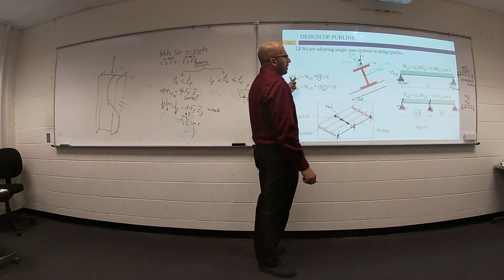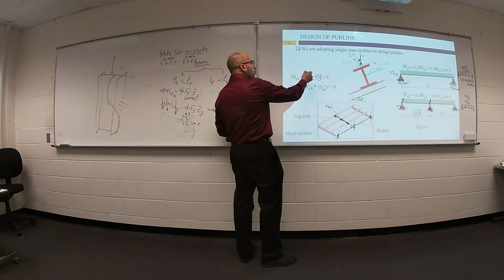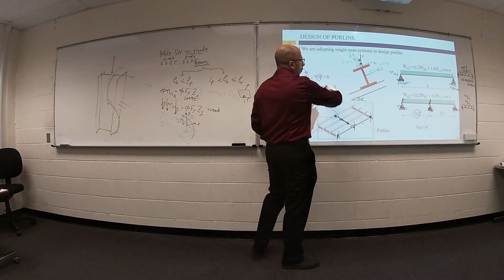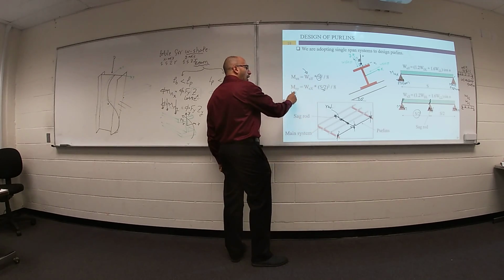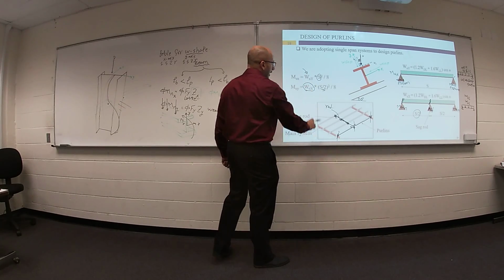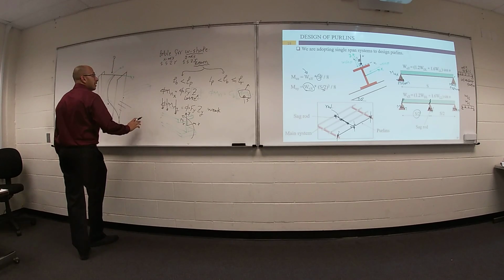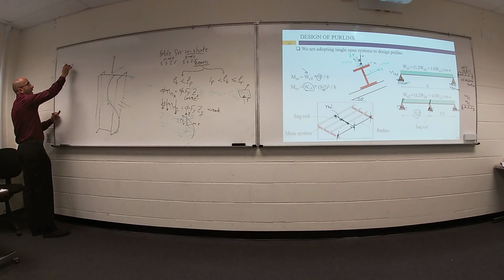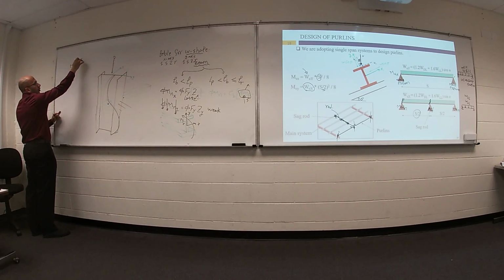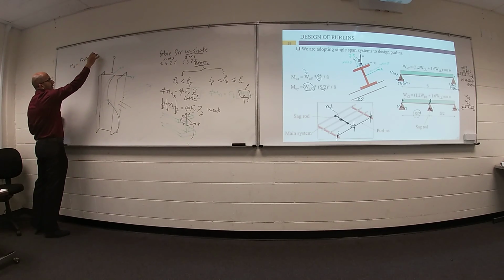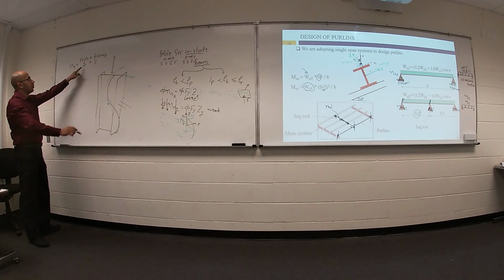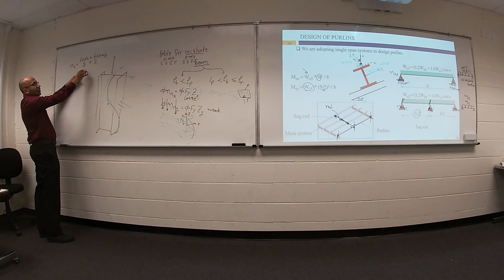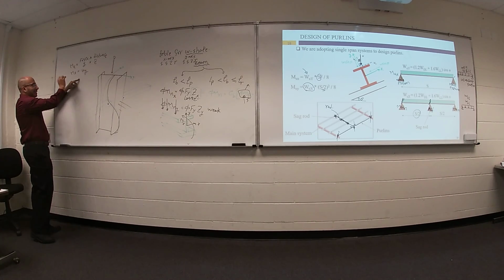If you are looking for moment about X, your load in Y direction, the WY component. If you are looking for moment about Y, your load in X direction. For moment about X, your force and your distance, one of them must be in Y and the other one in Z. So if your load is in Y direction, your moment will be Mx.